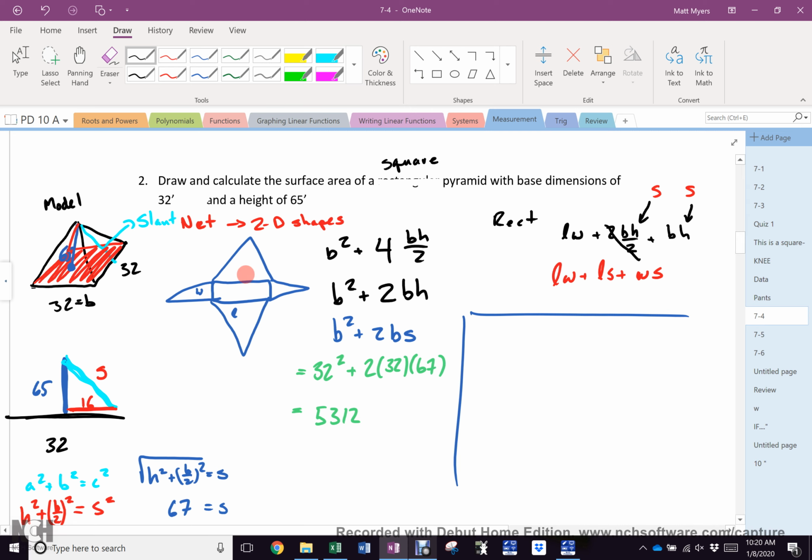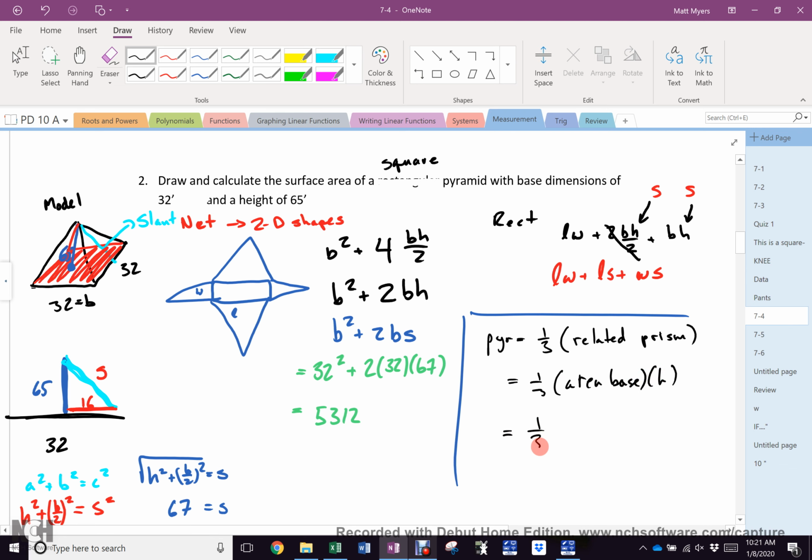So here we are. We've got our area of the base. So we know that a pyramid is 1/3 of its related prism. And we know every prism is area of base times the height.